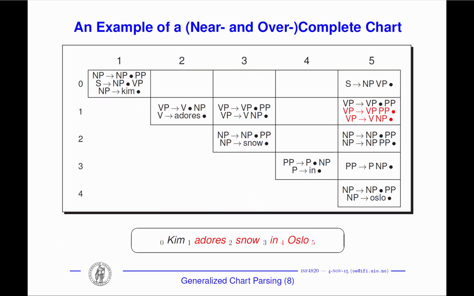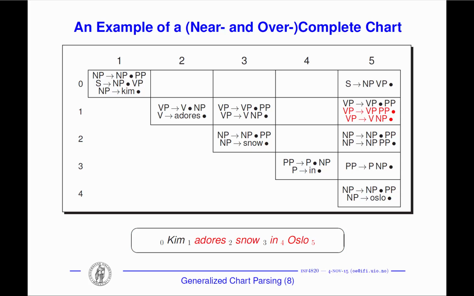All right, so here's an example of a both near and over complete chart, Kim meets snow in Oslo. And here I'm now showing the active and passive edges. So here I have not only S as the analysis for the whole string, but I'm also writing down which rule I used to arrive here. And here, in red again, I've actually recorded the local ambiguity.